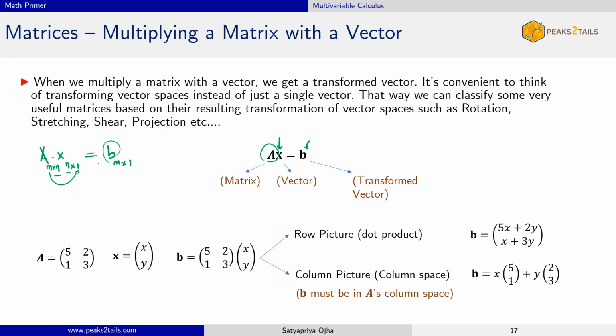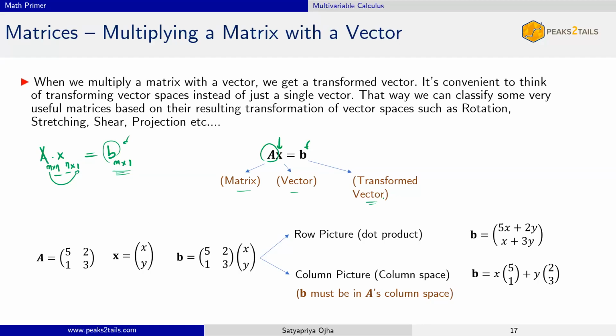I just wanted to show you that if you multiply a matrix with a vector, you get a vector. M rows, 1 column. Okay. And if A is n cross n, a square matrix, then you will get the same size of vector, n cross 1. So that's nice. So you multiply a matrix with a vector, you get another vector, which is a transformed vector.